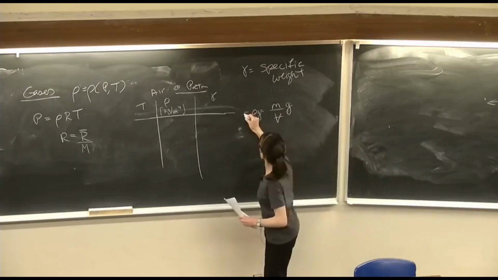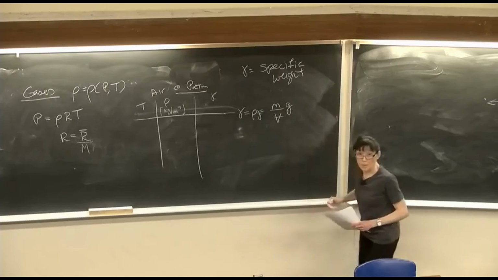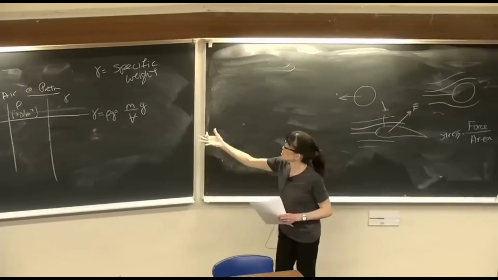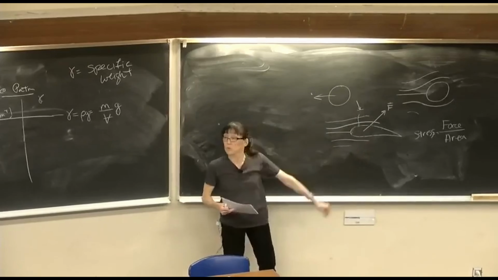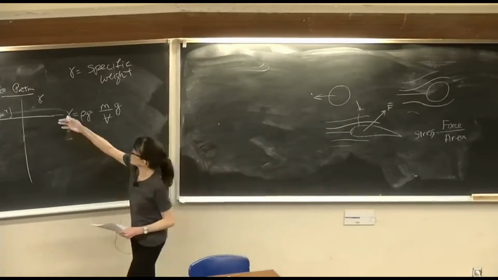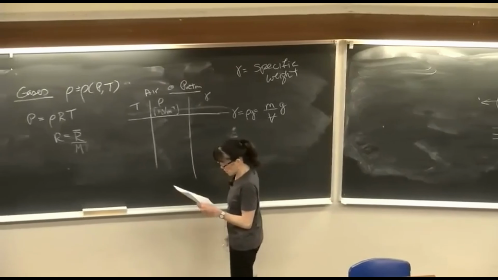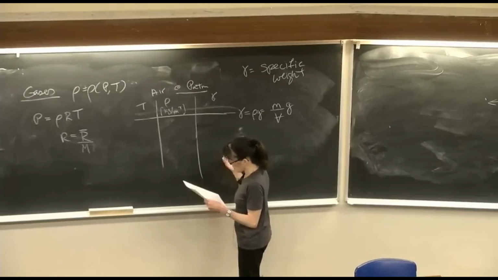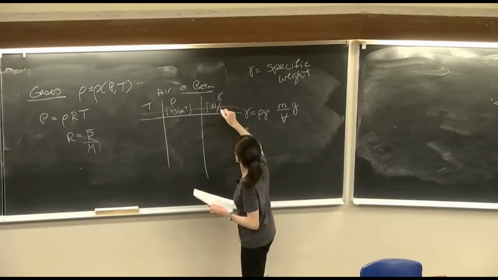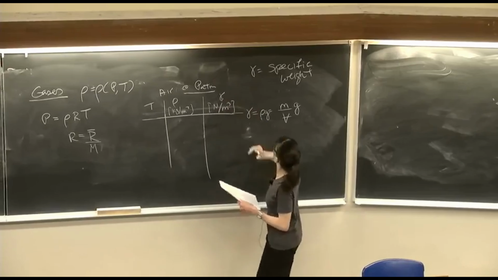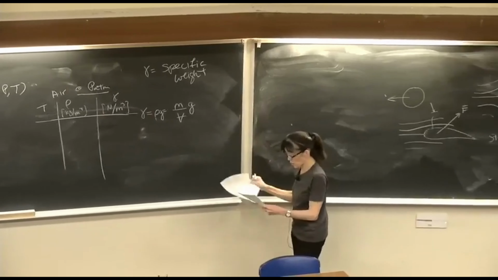So this is gamma. And it's just convenient to deal with specific weight a lot of times, especially when you do fluid statics. So this third column is the specific weight, which would have units of weight per unit volume, so Newton per meter cubed. Okay, so get familiar with specific weight.